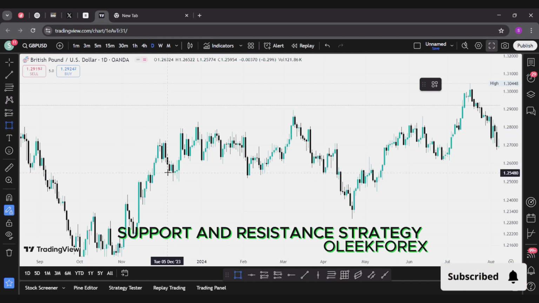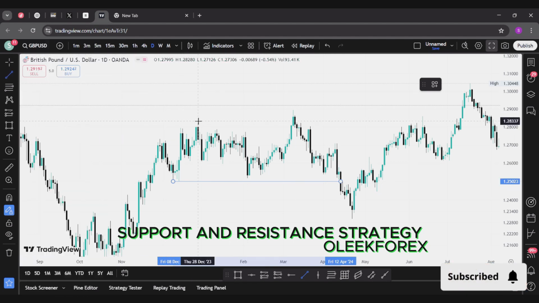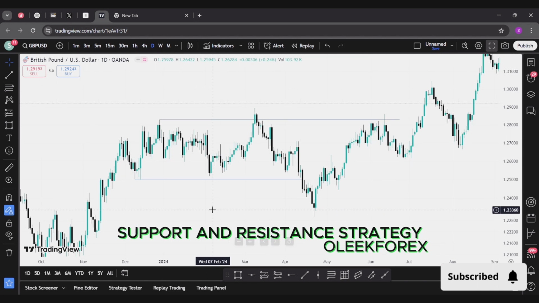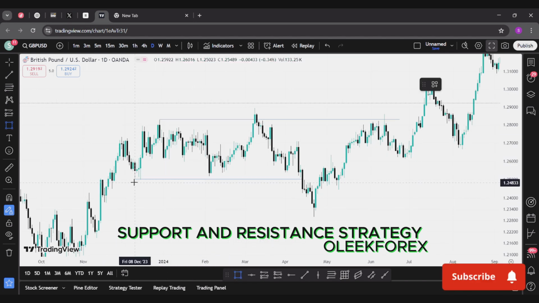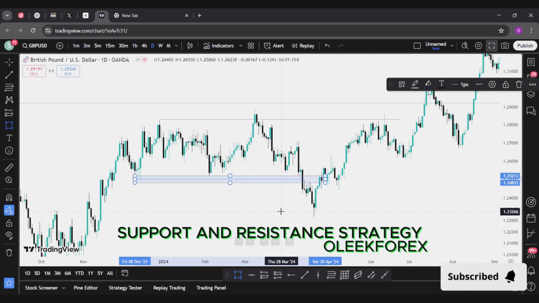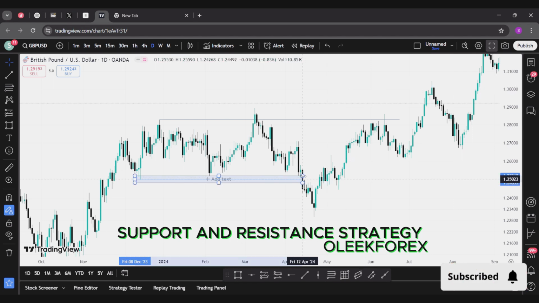I can't say it's a line, because I see many traders just draw a long line and feel like, okay, that's my support. Then they draw another line, that's my resistance. You know, it's not just about lines. It's a zone where you are expecting price to reject and go in the opposite direction.